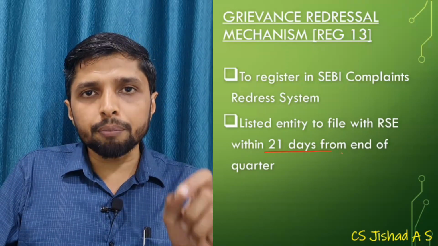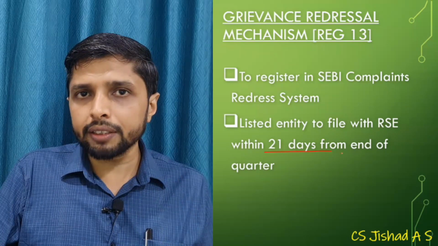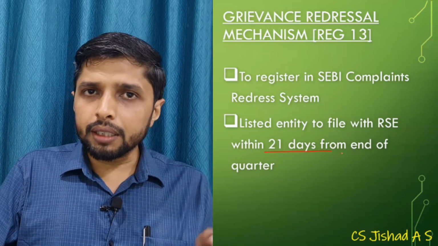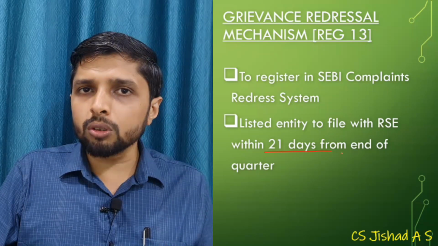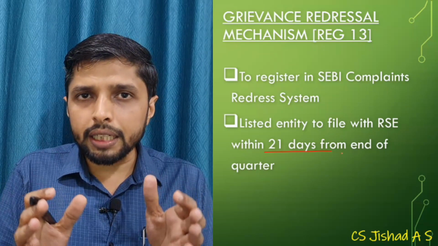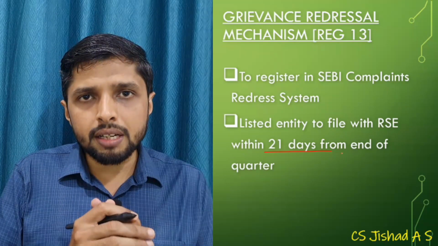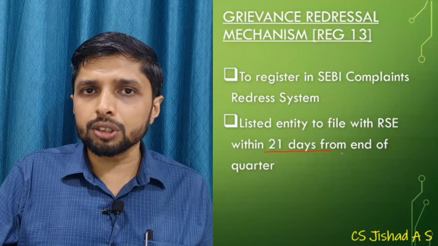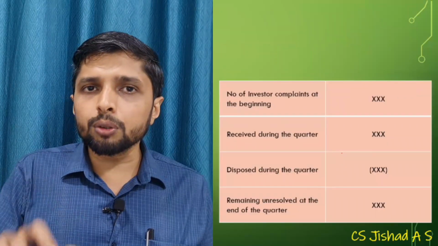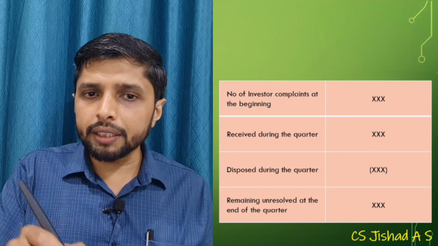They have to submit certain details to the recognized stock exchange. See, the company will have to get itself registered on SCORES or any other platform. If there are investor complaints pending in a quarter, that will have to be intimated to the recognized stock exchange. So they will have to submit a report quarterly by this method.